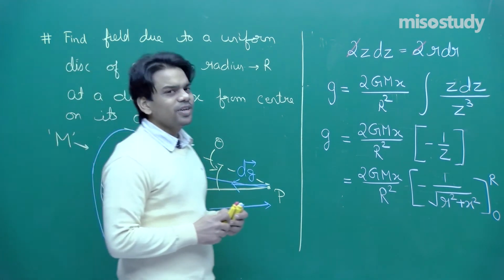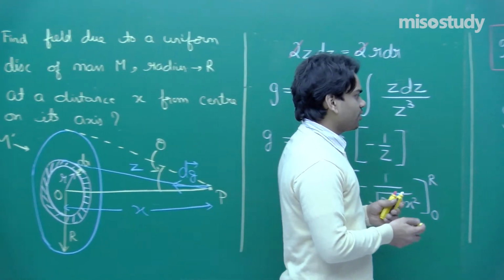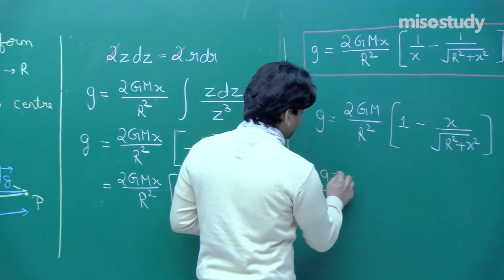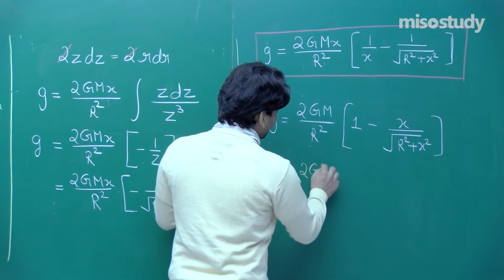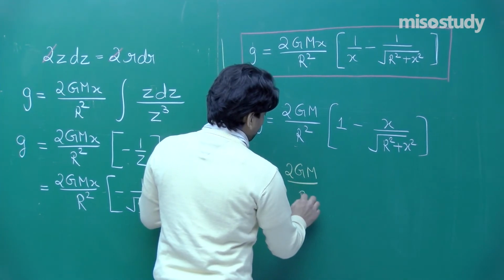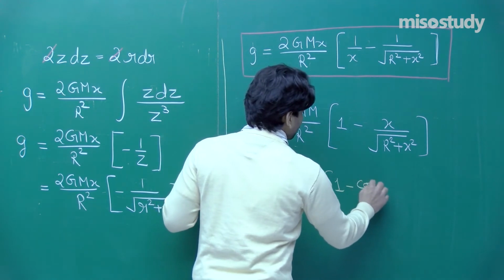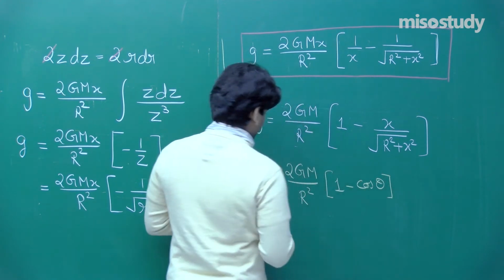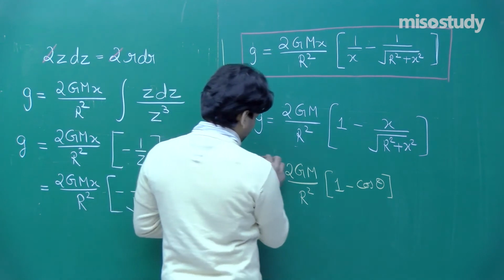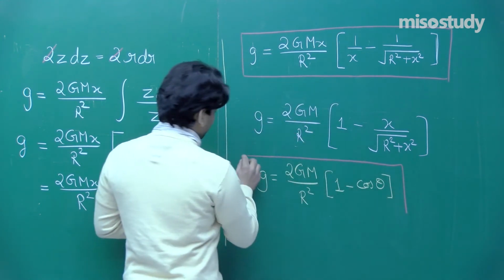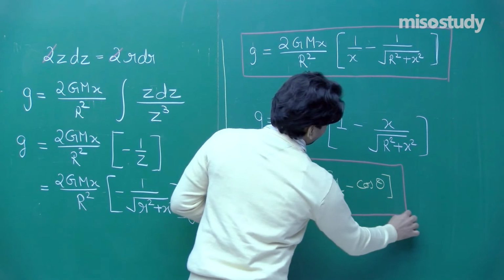So in very simple words, we can write the formula as 2gm upon r square, 1 minus cos theta.